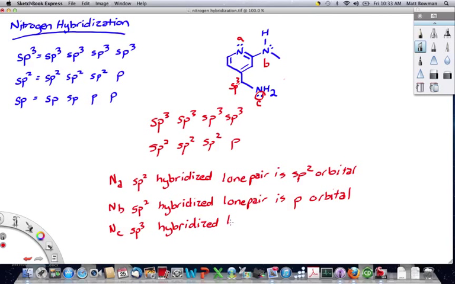Its lone pair is in an sp3 orbital. And what differentiates nitrogen B from nitrogen C is the presence of an adjacent atom with a p orbital, like so.